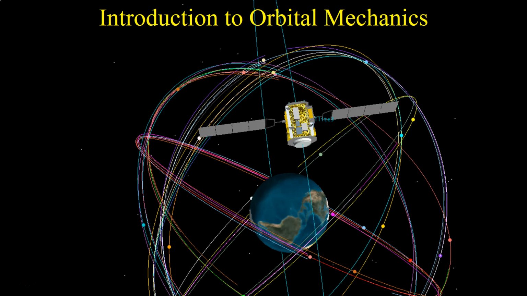The fact that he figured out satellites travel around the Earth in an elliptical path, and Earth is one of the 2 foci. And then his second law said that as these orbits happen, and we look at the same time period, the area that the path sweeps out is the same no matter what part of the elliptical orbit we look at, as long as the time is the same.